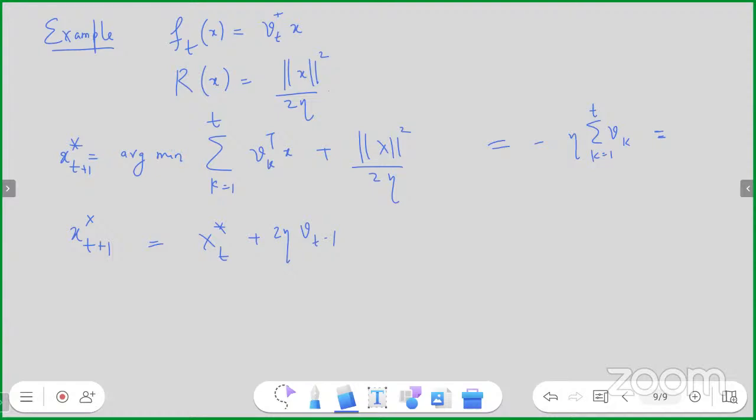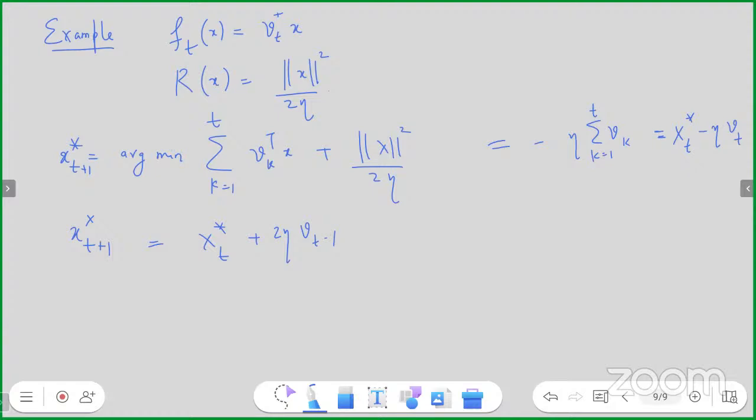Do people see why this is true? Nothing but a derivative, that's all. So if this is true, and I remove the tth term, what will I get? xt star. So this is equal to xt star of minus eta vt.